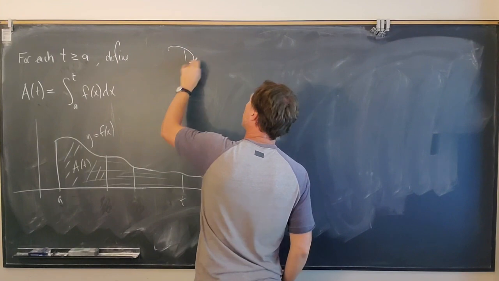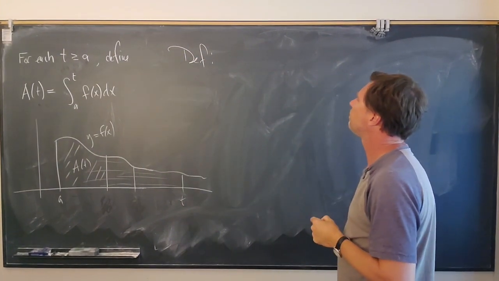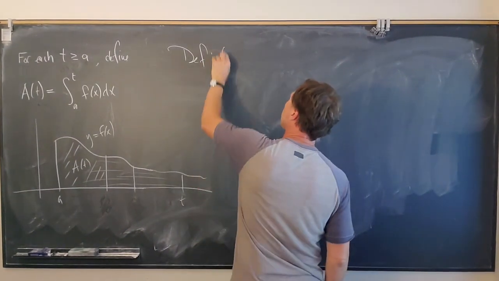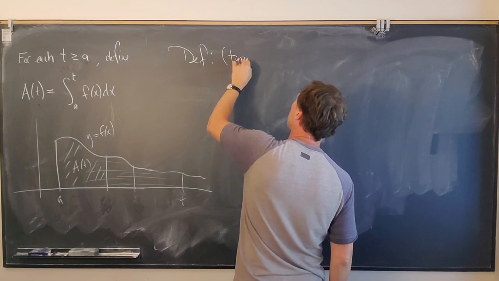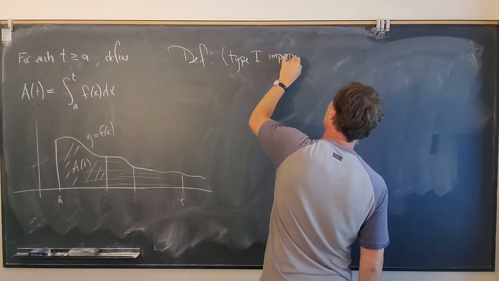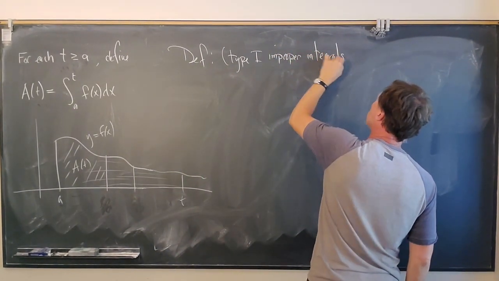And so that's going to lead to this next definition, and this is a kind of long-winded definition, so you just have to bear with it. These are called type 1 improper integrals.